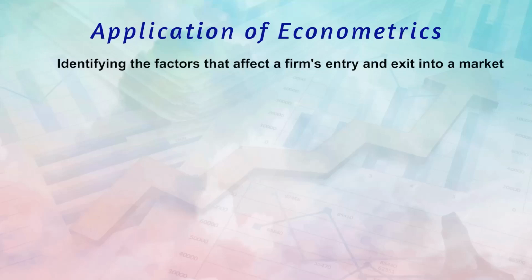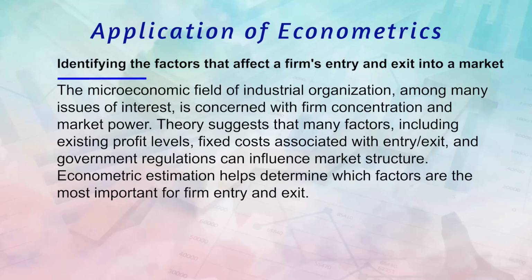The second example is identifying the factors that affect a firm's entry and exit in a market. This is a study in microeconomics based on the behavior of the market, or it can also come under the study of industrial organization regarding what factors are responsible for entry and exit. The microeconomic field of industrial organization says that many issues of interest are concerned with firm concentration and market power.